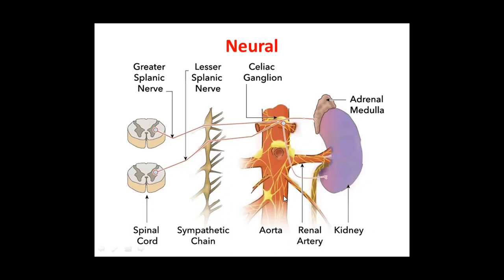That is the reason why during exercise, kidneys get a very minimum amount of blood. I told you this during my cardiovascular discussion of exercise. When there is increased sympathetic output, there will be profound renal vasoconstriction and renal blood flow is severely compromised. So this is about the neural regulation.